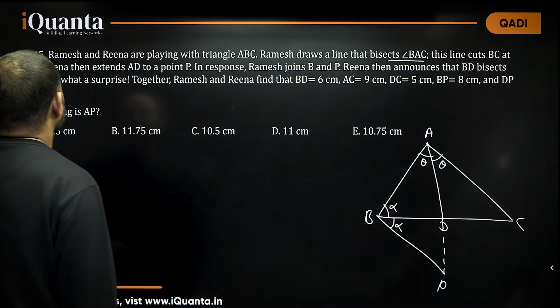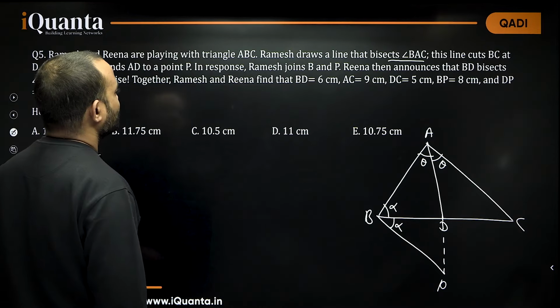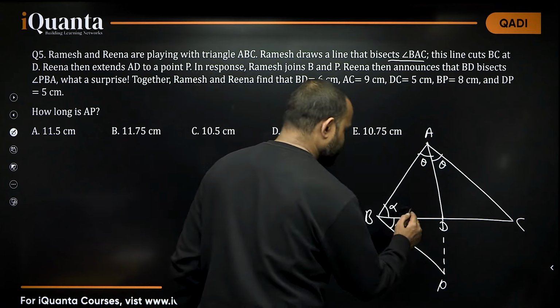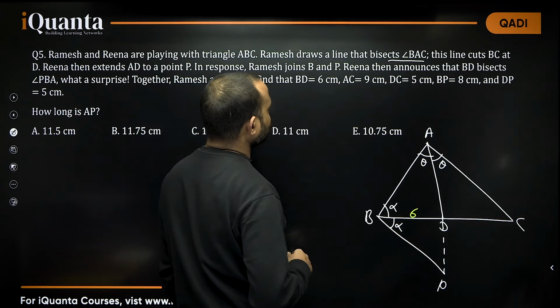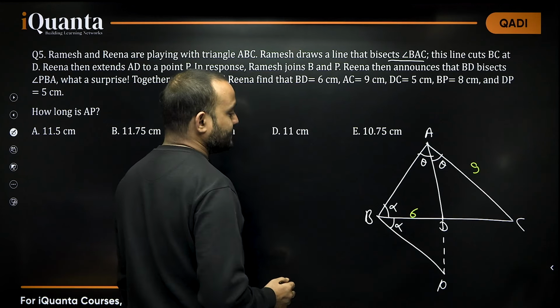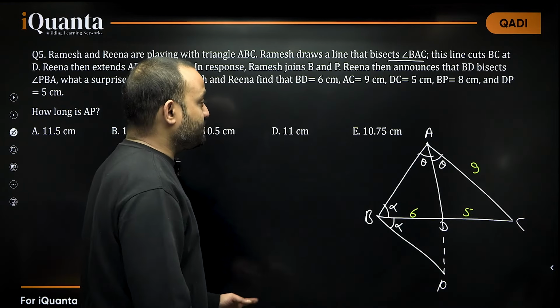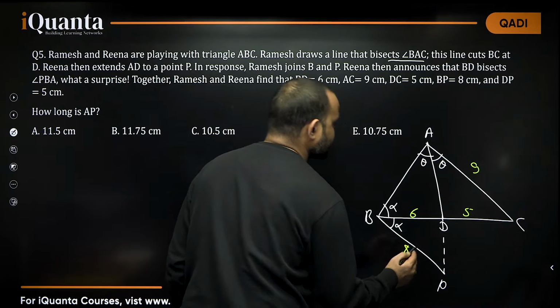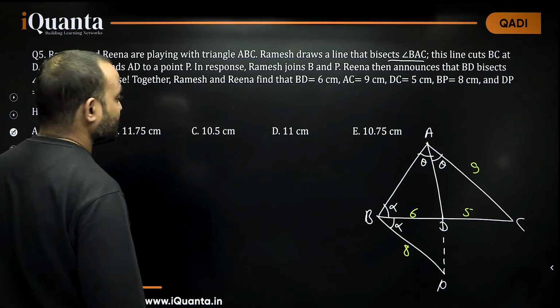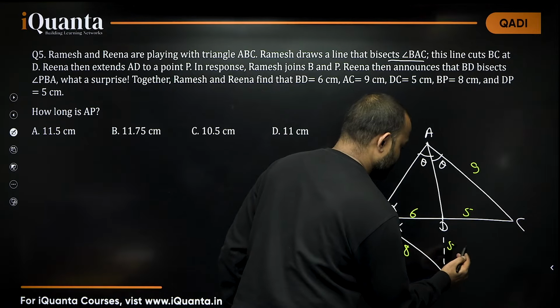What a surprise! Together Ramesh and Reena find that BD is equal to 6, AC is equal to 9, DC is equal to 5, BP is equal to 8, and DP is equal to 5.